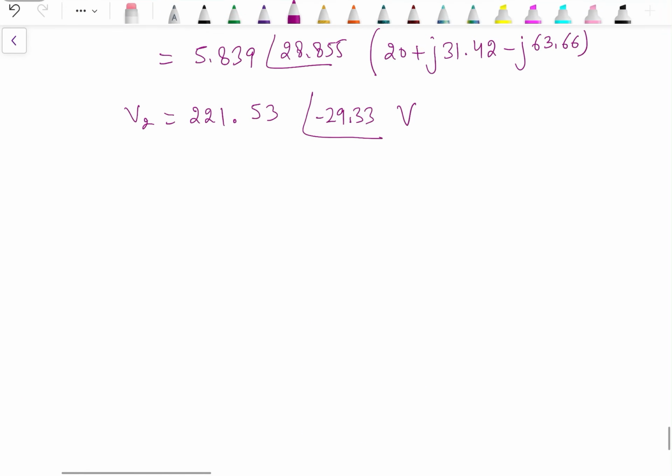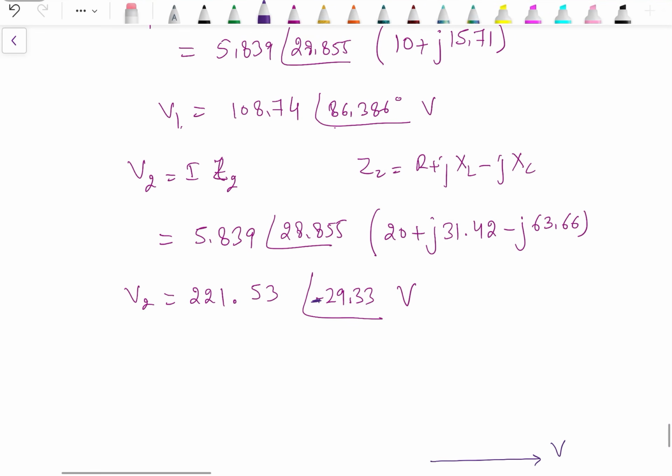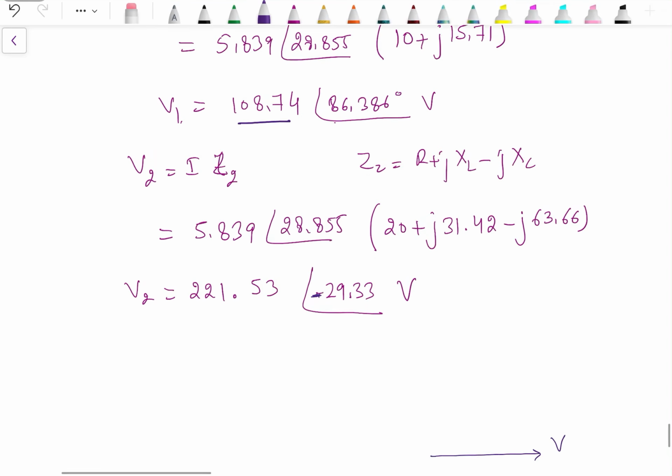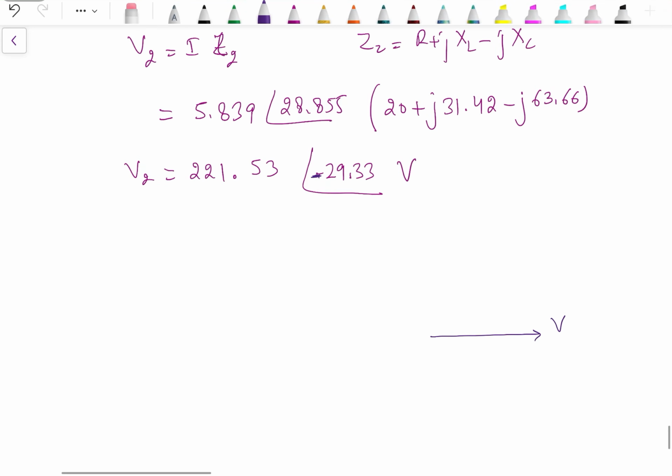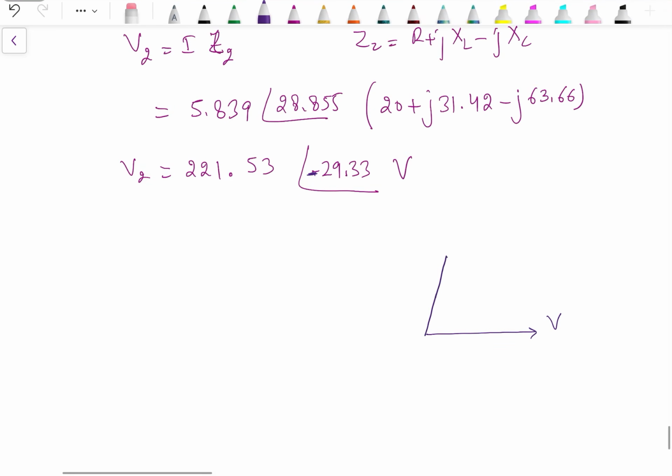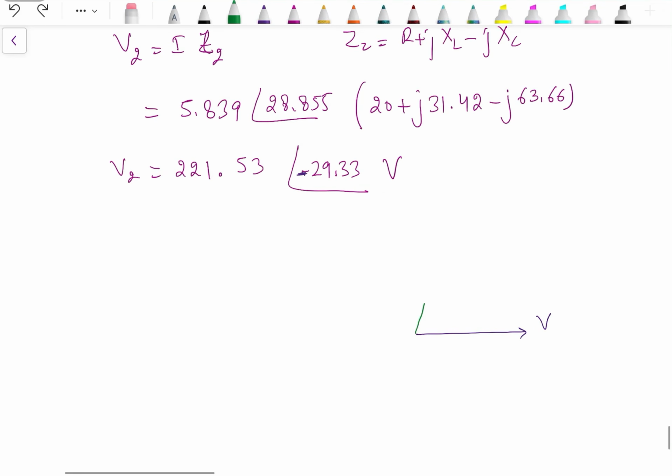Now in the phasor diagram, we have voltage V. V1 is 108 and angle 86, meaning this is leading the voltage V by angle 86. Here we will have V1 and this angle is 86.386. V2 is lagging behind the voltage V by 29.33. Let's say this is V2.